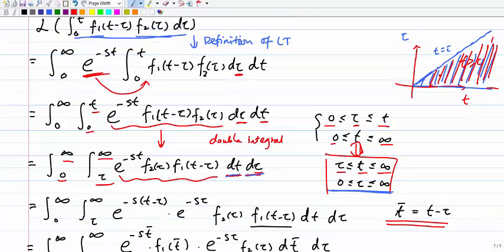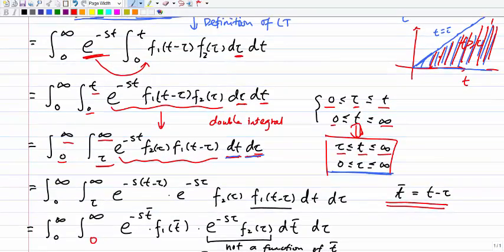Once we do that, the following steps are relatively easy to understand. The next step is we do a split. We split this e minus st as e minus s t minus tau times e minus s tau.